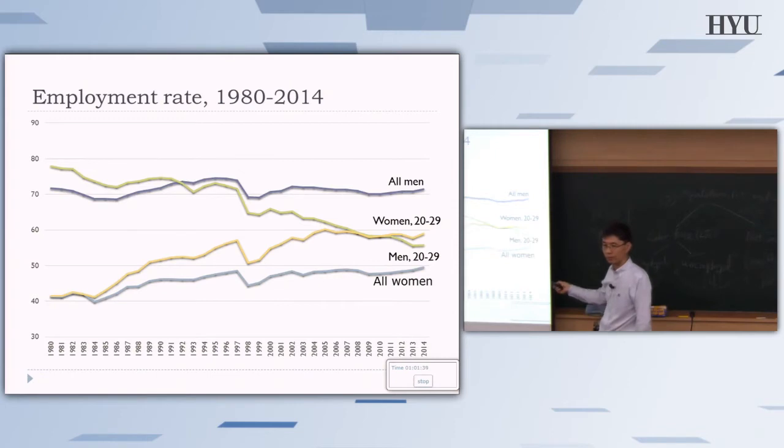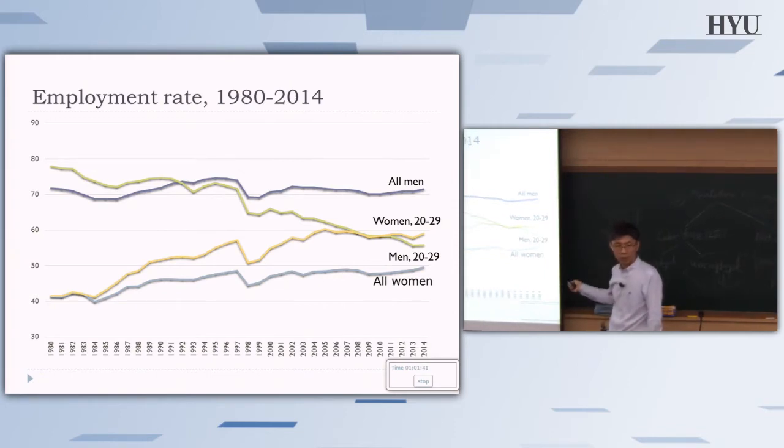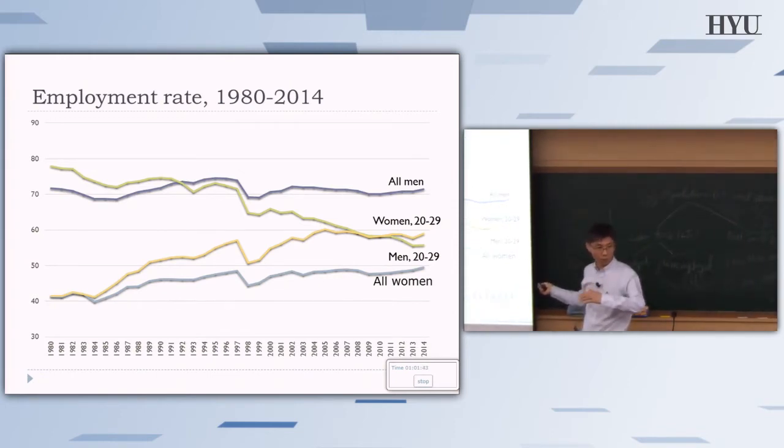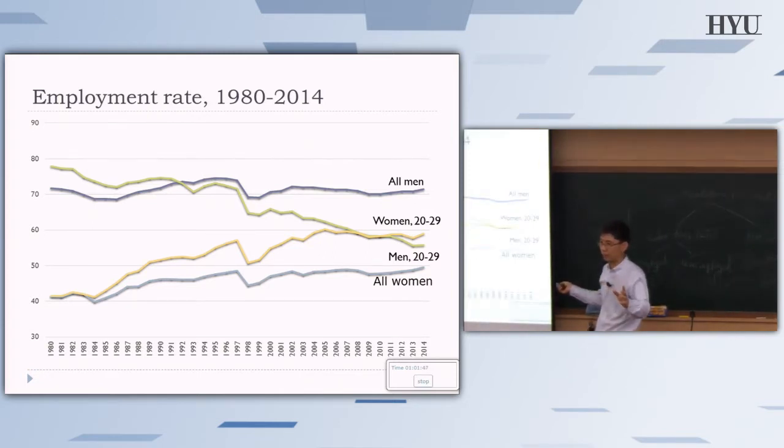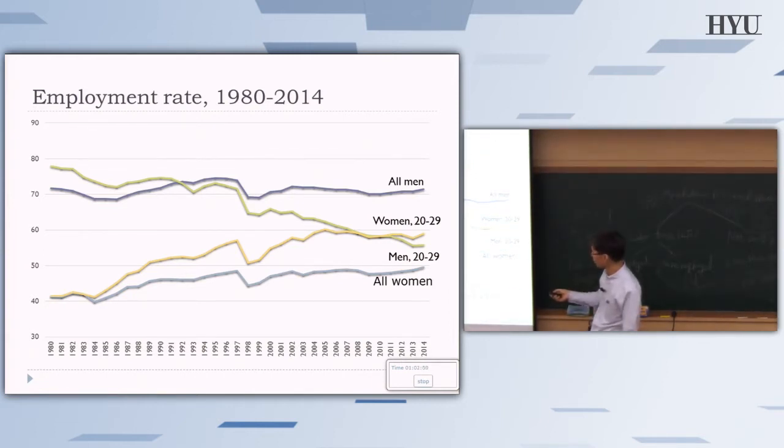Now it's about 50%. Women's unemployment rate is pretty low, right? So LFPR and ER are pretty much the same for women. For men's case, it's also about 50%. Okay. So employment rate for women has increased over time, but it didn't change much since 2000.